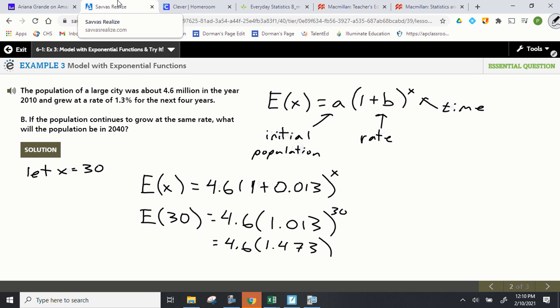And now we'll multiply that by 4.6, and that is going to be approximately 6.777 what? Million. Okay, fantastic. Let's keep rolling.